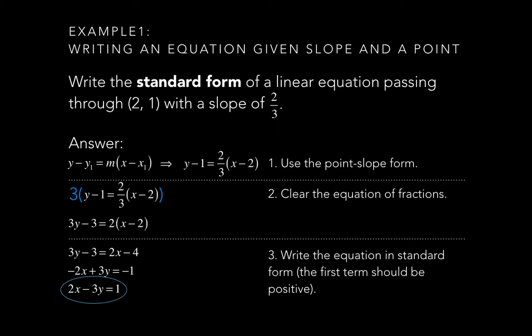So it'd be 2x minus 3y equals 1. And it's written in standard form because that was what the question specified.